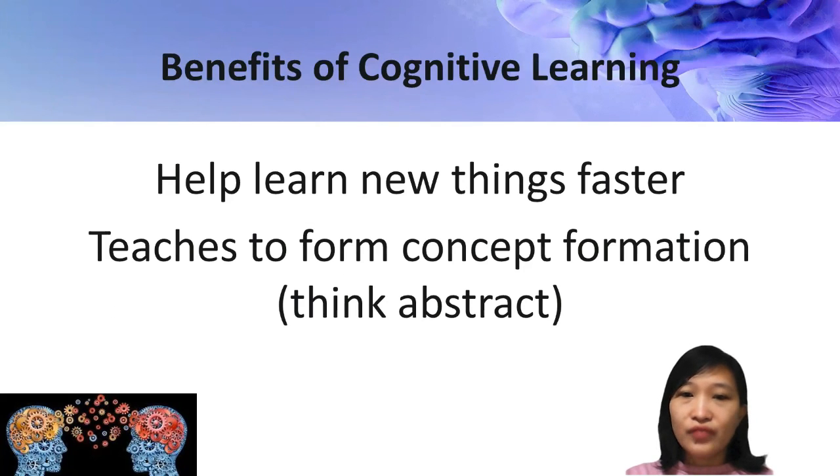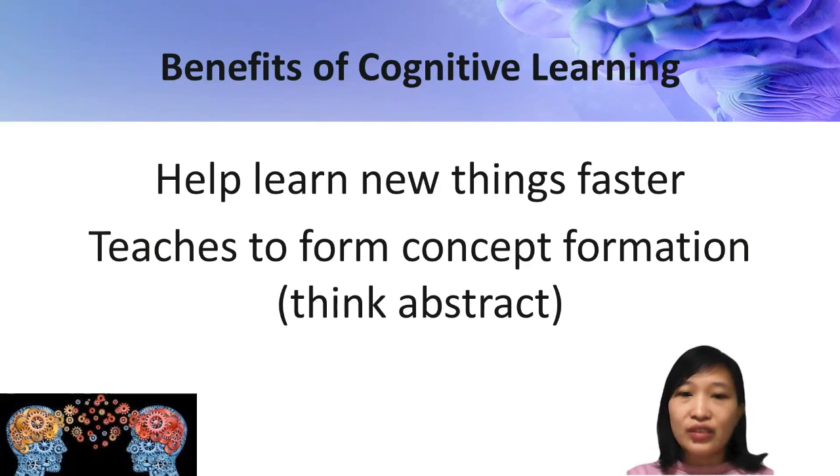We also have number five, helps learn new things faster. Through the experience of learning, the learners will be able to recycle and use the same learning methods that worked previously. This will help them learn new things a lot faster as they already know what works for them when it comes to obtaining new knowledge.